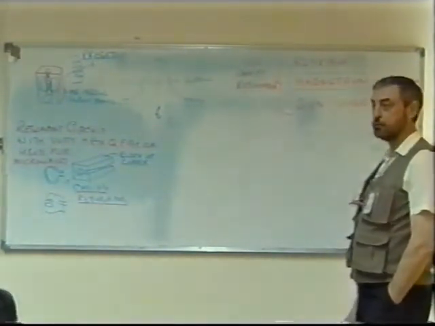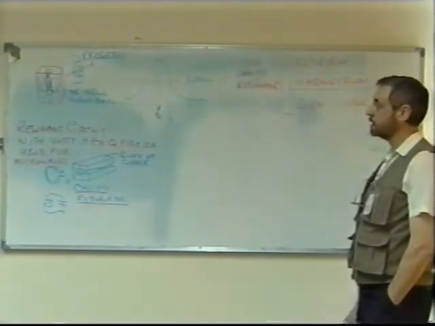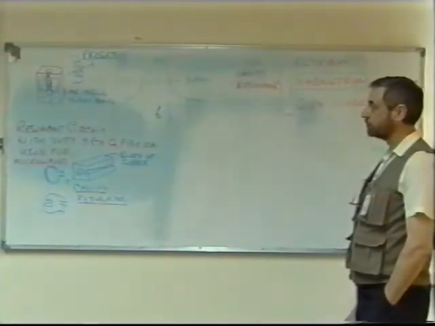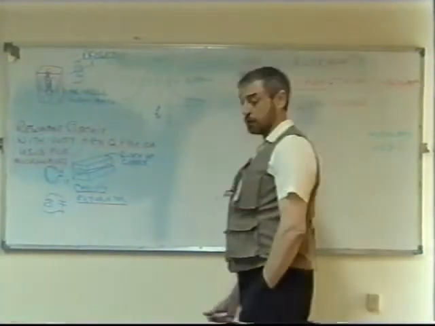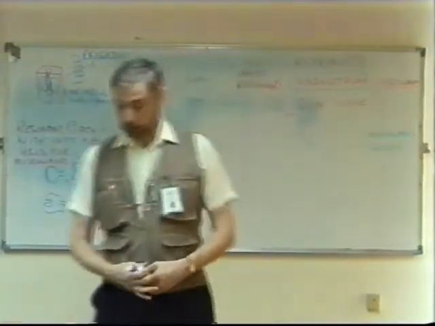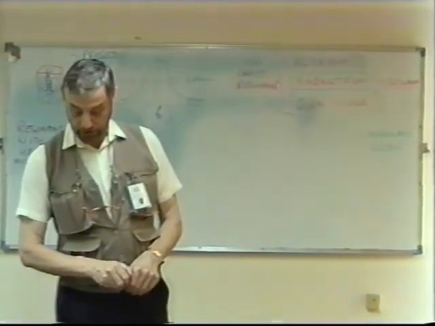The values are just going to be too big to be used as tuned circuits. So this is an important point. But those are the two main reasons why you would need to use tuned circuits or resonant circuits.